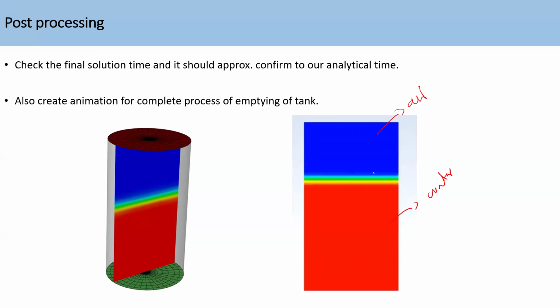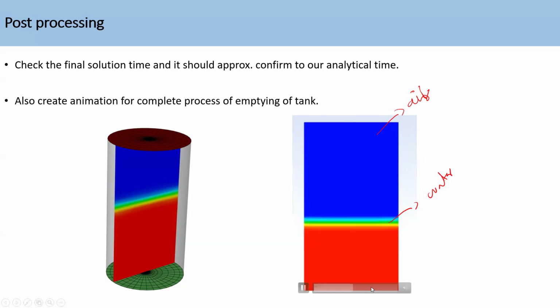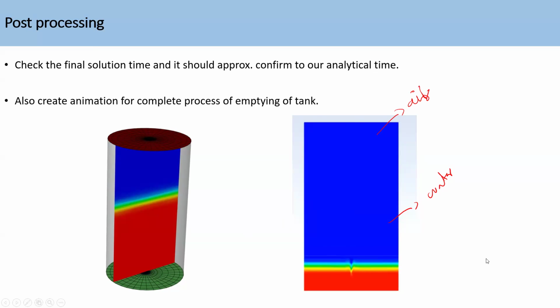So water is going down, and that space is being filled by the air, definitely, because anything empty will be filled by the air automatically. You can see now the speed is slow. And see what happens in the very final moments of the tank emptying process. Now it has slowed down a lot, and it's like dropping from the tank bottom, not flowing.